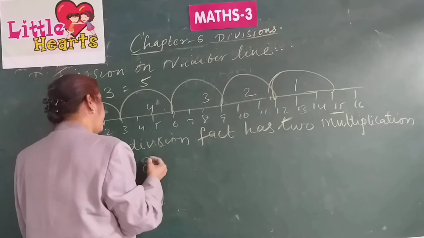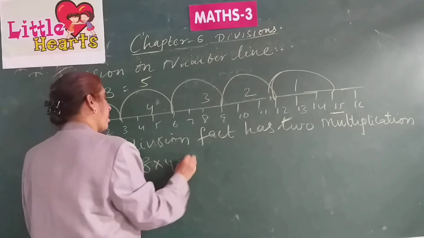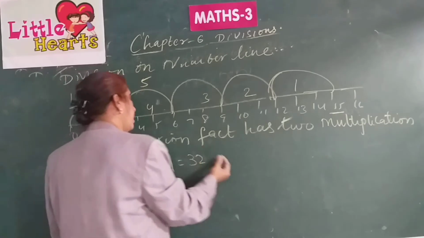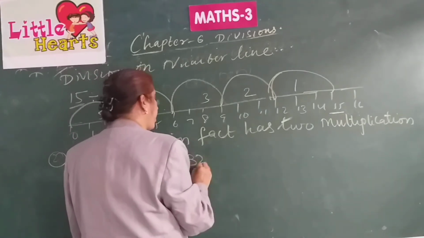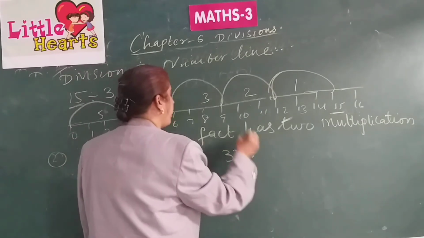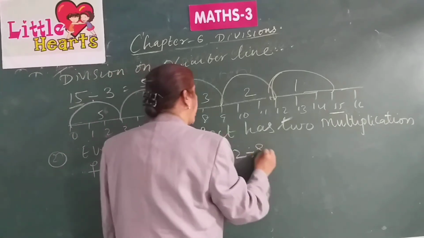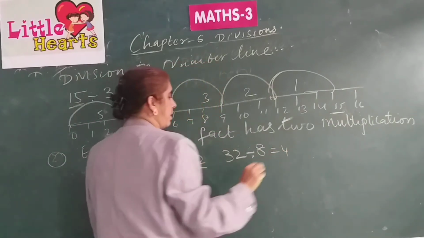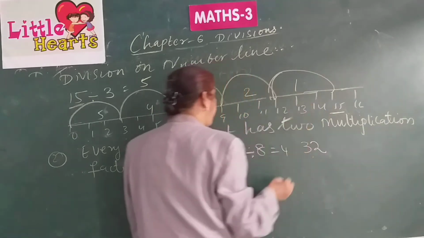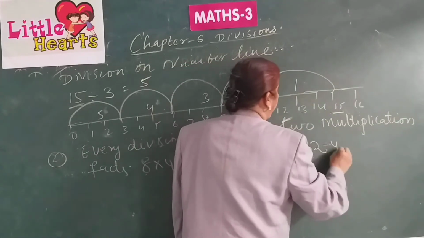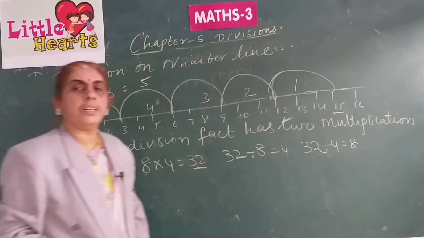Eight fours are 32. Here 32, the product, is considered as the dividend, and 8 as the divisor, so 4 becomes the quotient. And when 32 is taken as the dividend again and 4 as the divisor, 8 becomes the quotient.